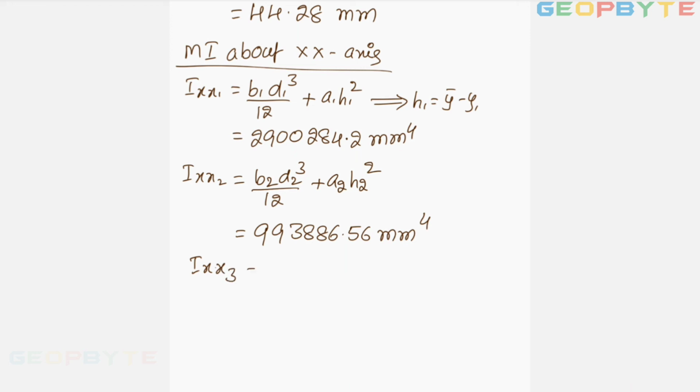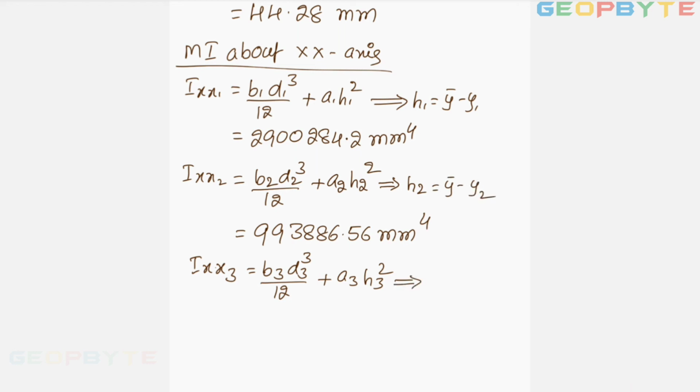Ixx3 equal to b3 d3 cube by 12 plus a3 h3 square. Here I forgot to write here h2 equal to y bar minus y2.